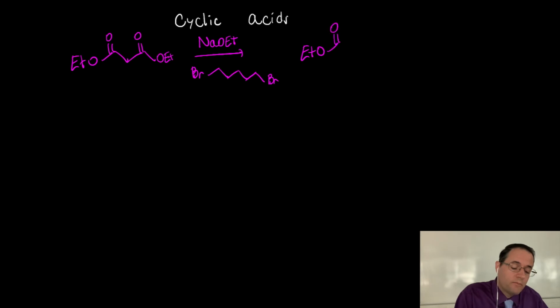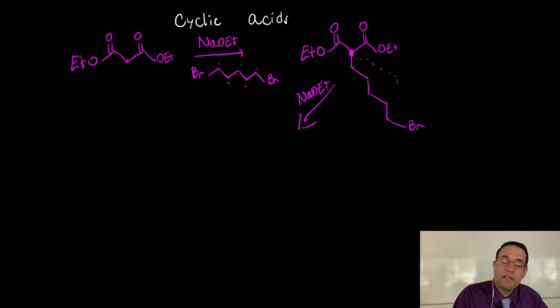What you're going to form is something that looks like this. Okay, there's 1, 2, 3, 4, 5 carbons. And then you can treat this with sodium ethoxide, again. So that makes the enolate here, and that's going to attack here and kick off the bromide, right? So that ring is going to be 1, 2, 3, 4, 5, 6 carbons. So that's going to make something that looks like this.